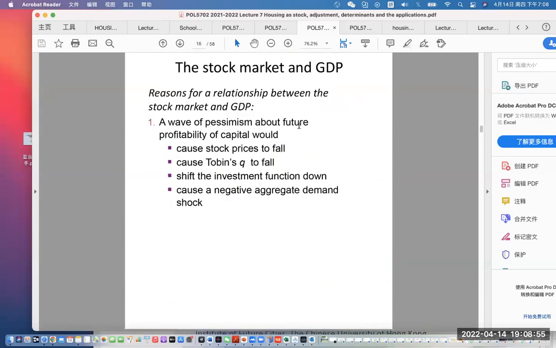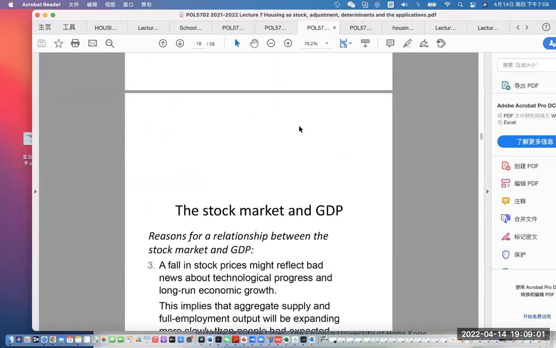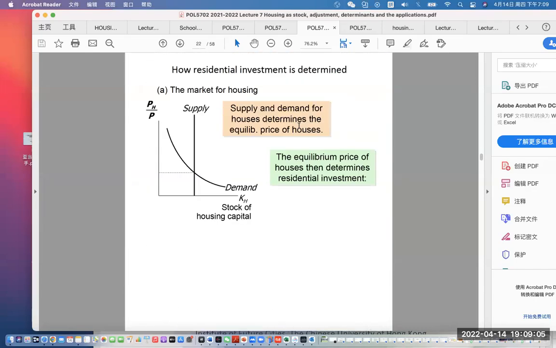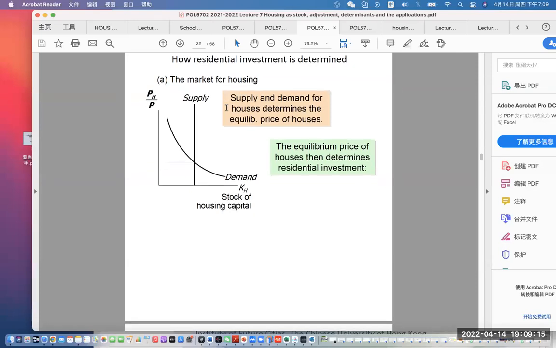This one, I would suggest you try to combine with practical cases to illustrate the mechanism between the stock market and GDP. And you're also going to apply it to the housing market for this part. How does the housing market work for the supply and for the demand, etc.? What do we mean by the equilibrium price of houses?